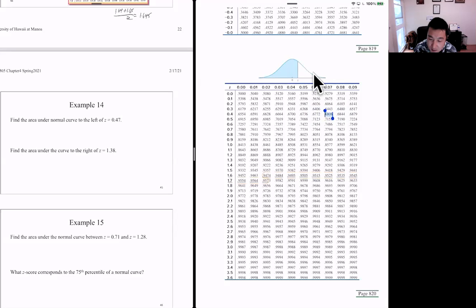It corresponds to a z value of 0.4, and the next digit is 0.07. So 0.47 is here, and the value is 0.6808.